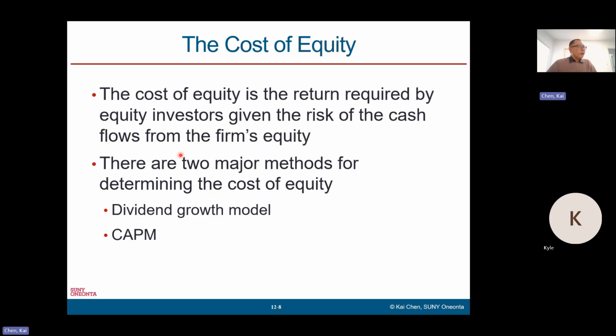Then there are two major methods for determining the cost of equity. Until now, we have learned the dividend growth model, and we can use it to estimate the price of a stock. Also, we can use the dividend growth model to estimate the cost of equity.